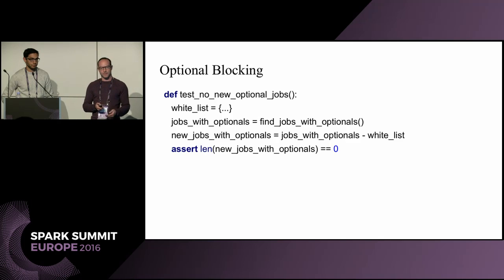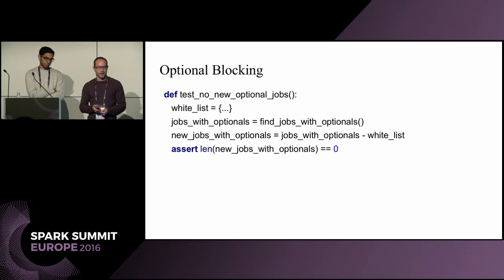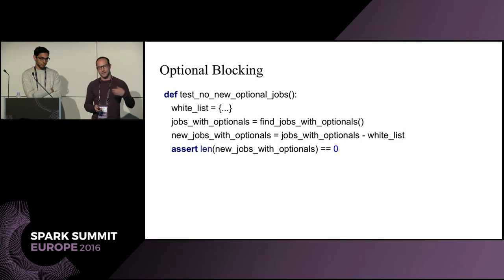And then anytime an analyst tries to write a new job which ends up having some sort of an optional field, we don't allow it. So this test ends up failing, and then they're not allowed to merge that code into production. So then they have to rewrite it so that it no longer has an optional field. And that way, that job is much easier to convert over to Parquet and also much easier to convert to a data frame.